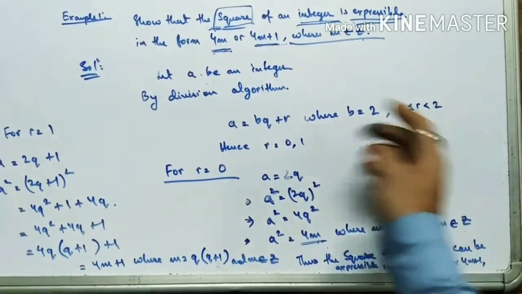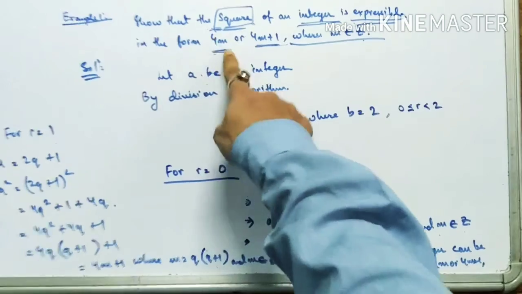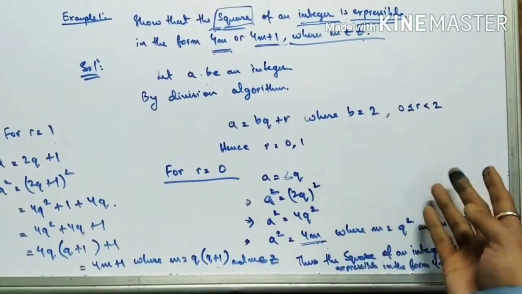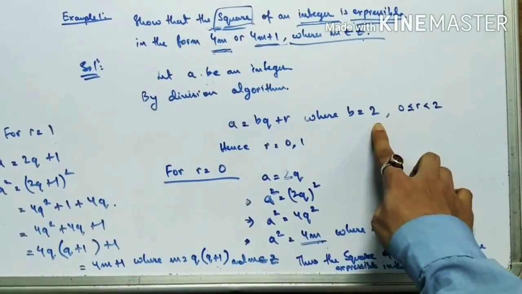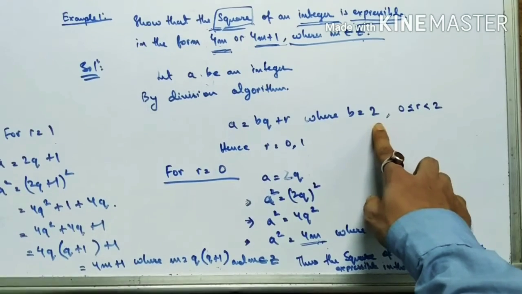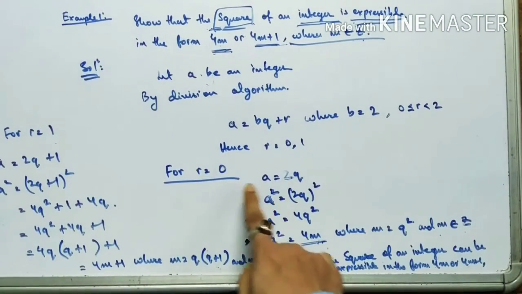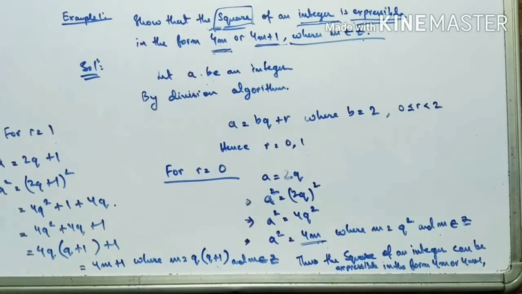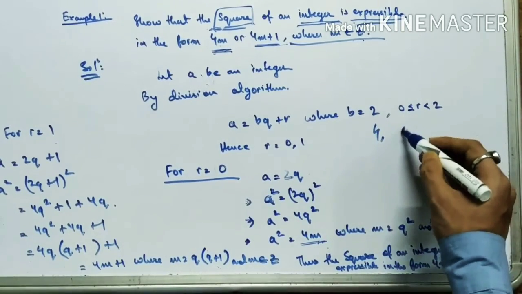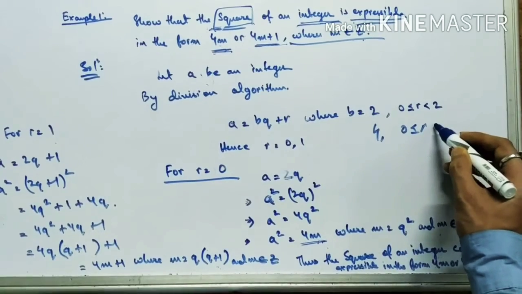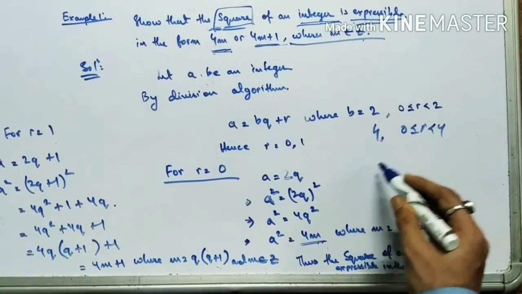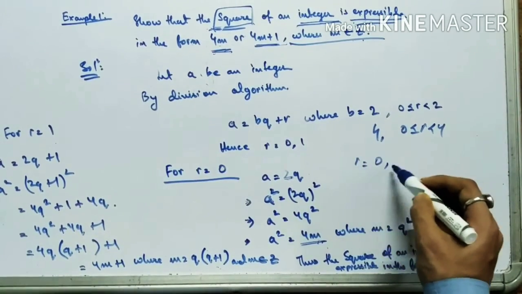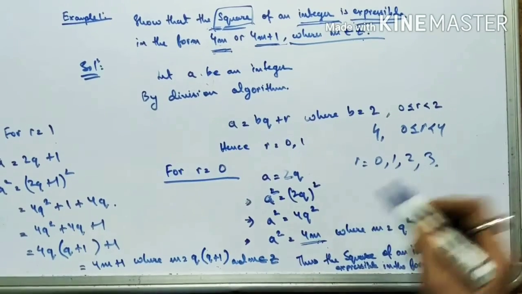I can take the b value as 4 also, because here I have to express it in 4m. But I have not taken 4, because if I take b as 4, then r will be greater than or equal to 0 and less than 4. So r equal to 0 will come, 1 will come, 2 will come and 3 will come.